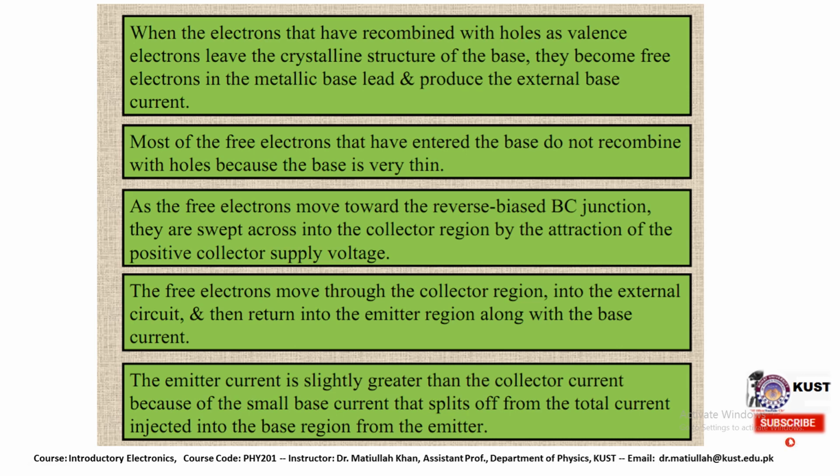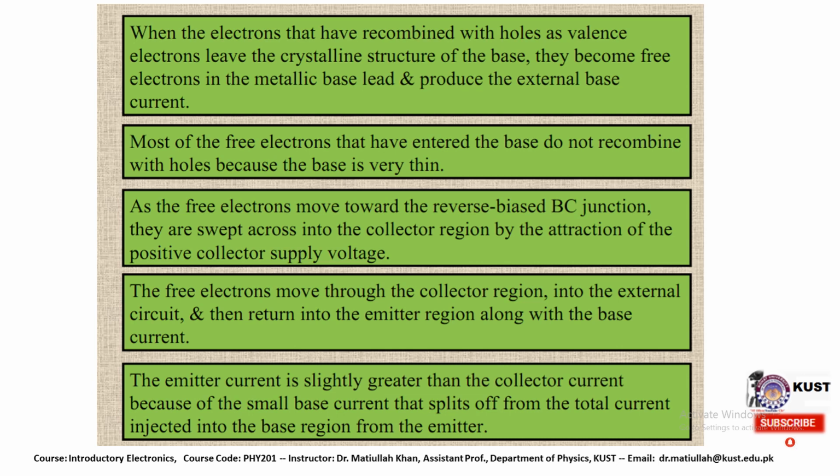As the free electrons move towards the reverse bias base-collector junction, what happens? They are swept across into the collector region by the attraction of the positive collector supply voltage. The free electrons then move through the collector region into the external circuit, and return into the emitter region along with the base current.